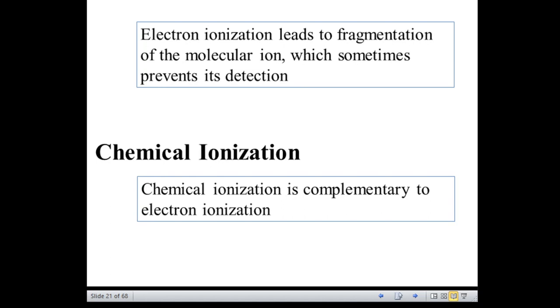And in chemical ionization, the ions are produced through a collision of the molecule to be analyzed with primary ions present in the source. Right?